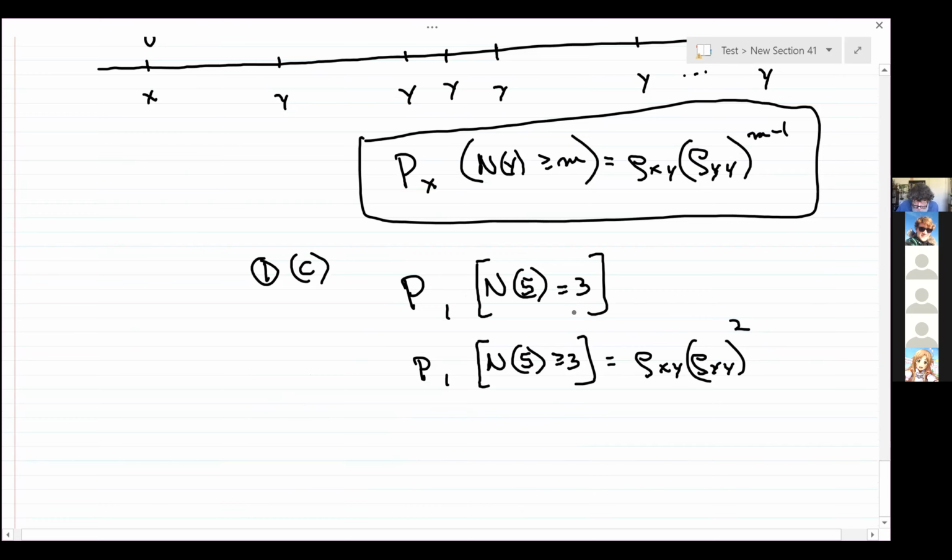A way to think of that would be this. Find the probability that the number of times you visit 5 is greater than or equal to 3. Yeah, do a picture.